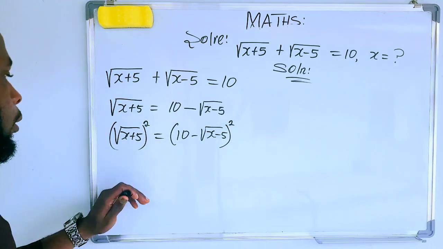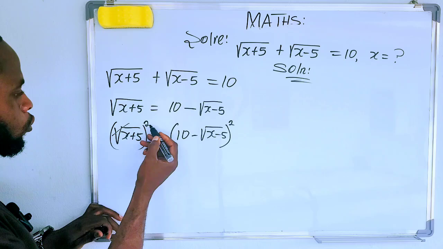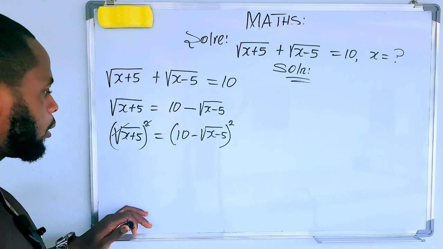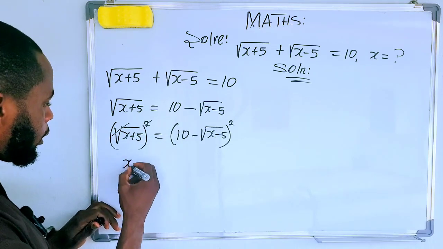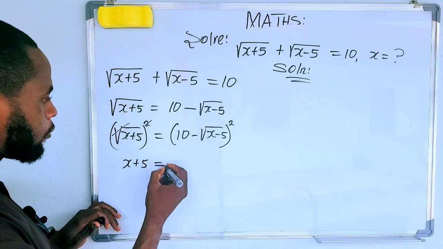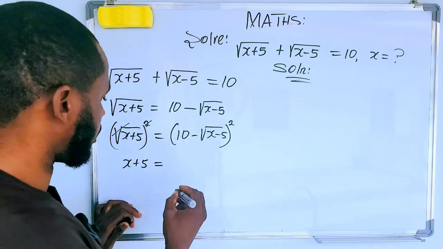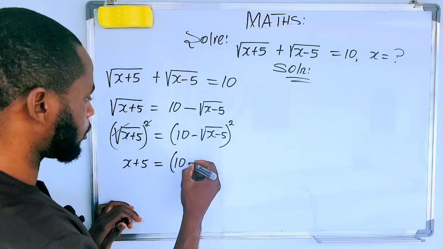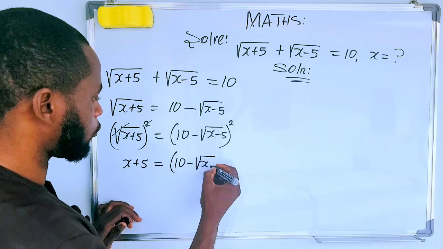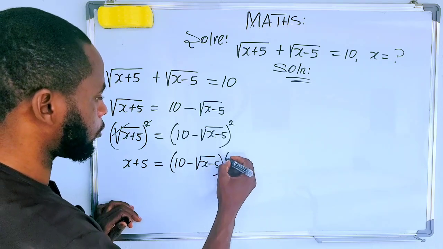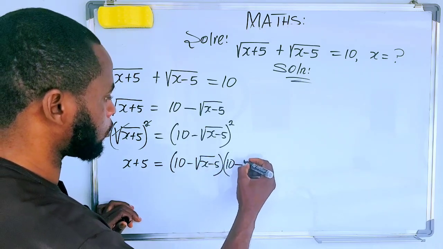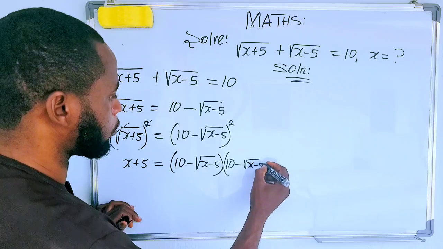Now here, the square root cancels out this square, and we have x plus 5 equals, this implies, 10 minus square root of x minus 5 times 10 minus square root of x minus 5.